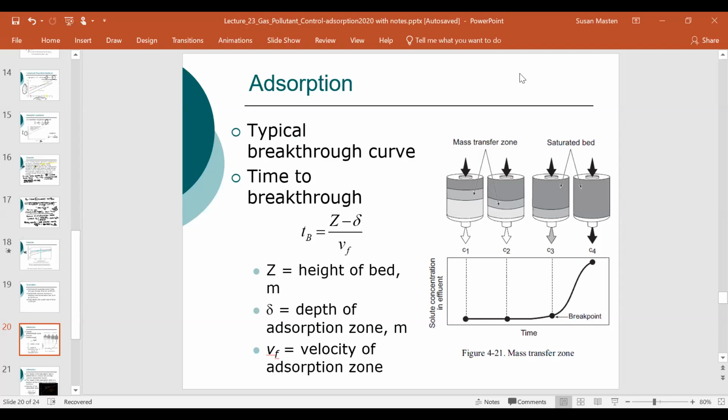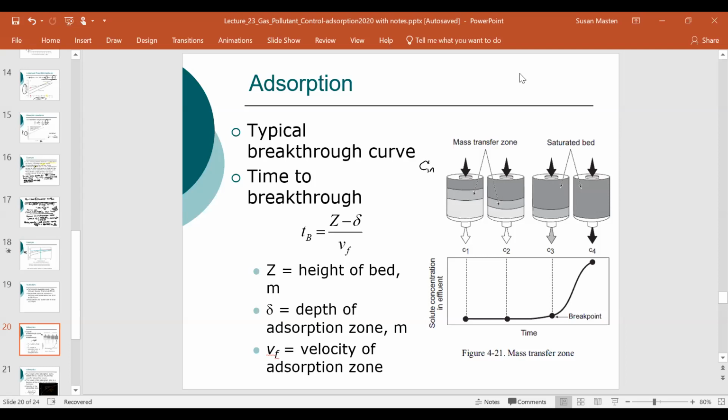So what I've shown here is an image with a number of columns. And really what you want to think about is this sequentially in time. So we start running an adsorption column, and we've got the initial concentration coming in.